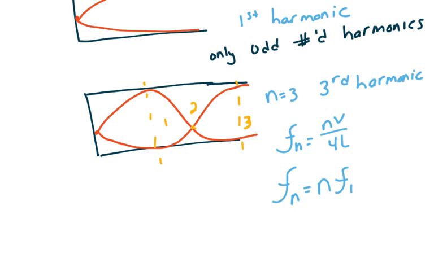Again, this can have the fundamental frequency, the third harmonic, the fifth harmonic, the seventh harmonic, etc. It cannot have even numbered harmonics because this type of tube cannot end on a node.